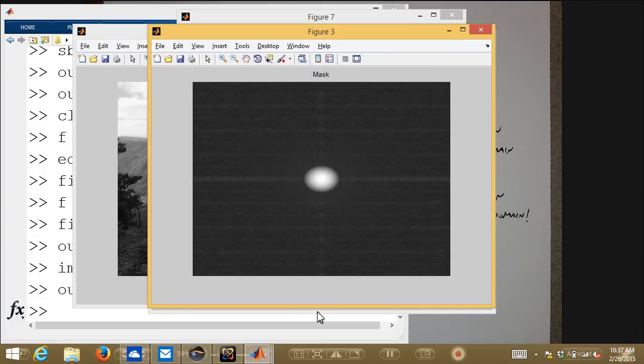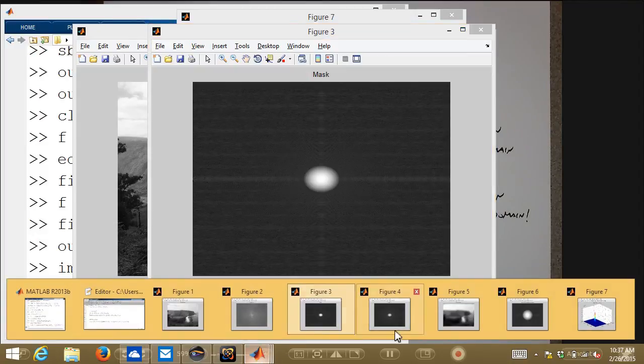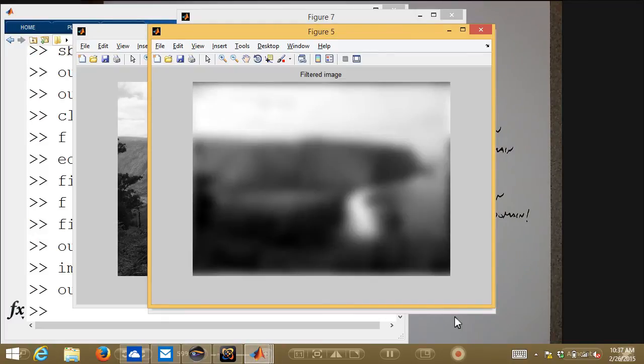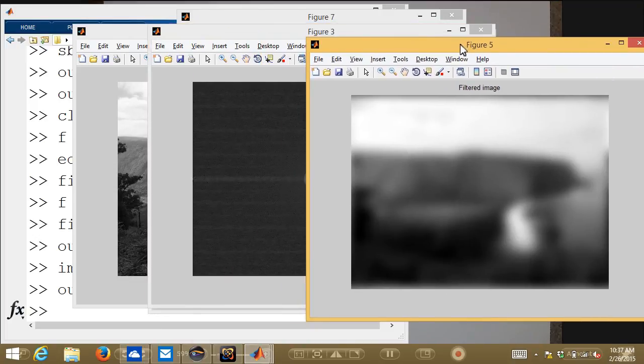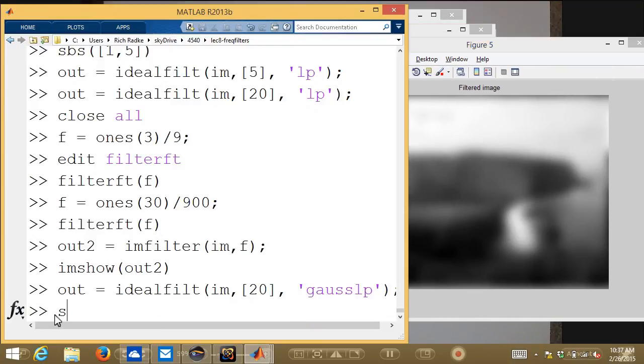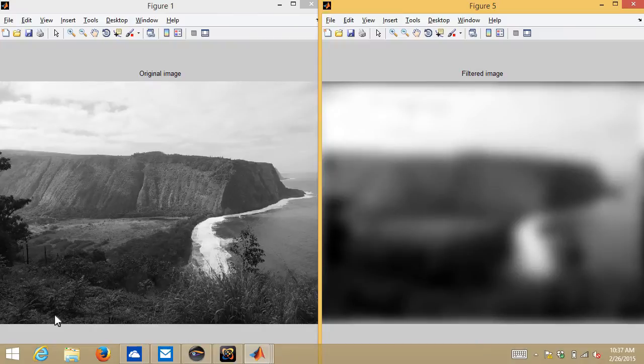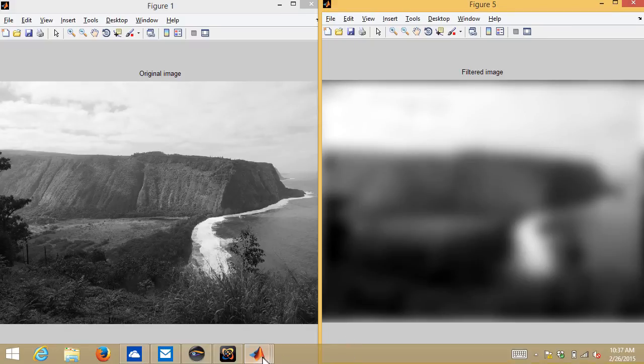Here's the original Fourier transform. Here is my Gaussian filter. And when I apply it to the image, now I get nice, even smoothing. So if I were to look at them side by side again, here I get the smoothing that doesn't have any of these ringing artifacts.